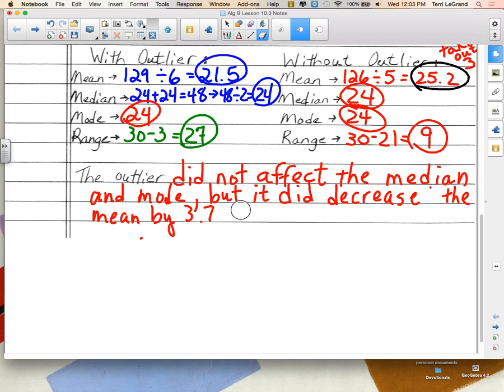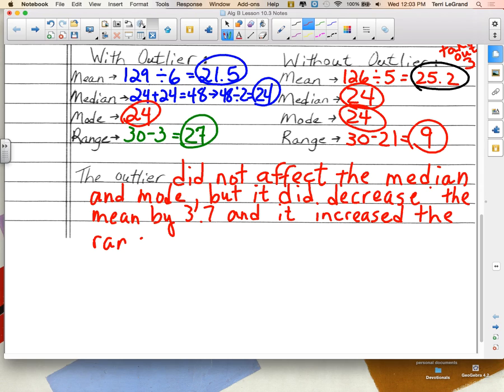And it increased the range, how much? By 18.